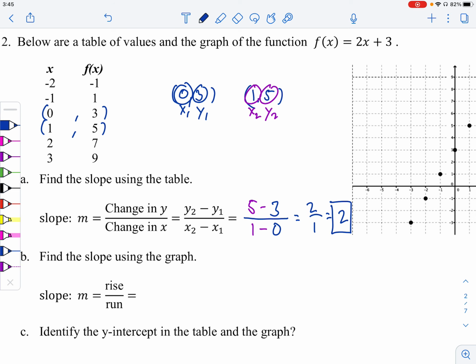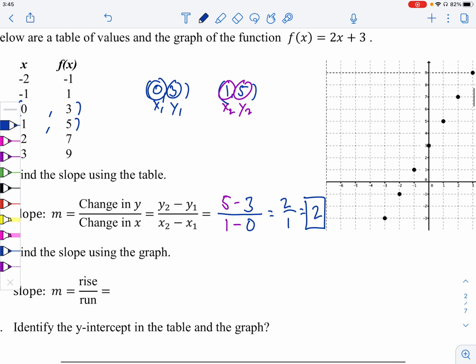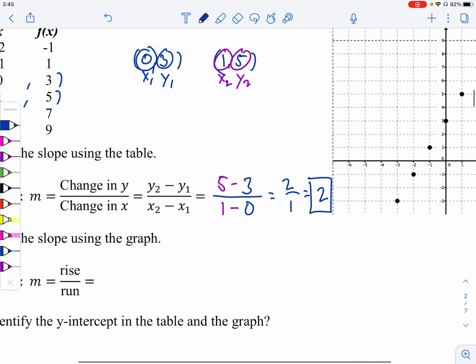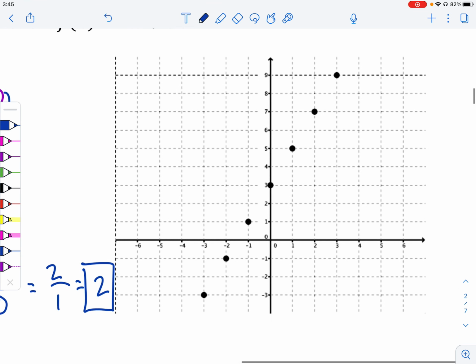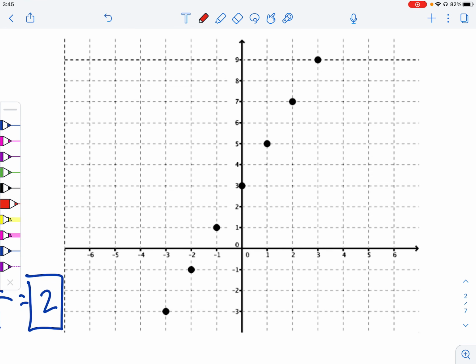So that's using our table, two ordered pairs. Find the slope using the graph. Again, we're going to start at our y-intercept. Start here. Then we go to our next point right there. It hits a corner. To get from there to there, we're going up 2, right 1.